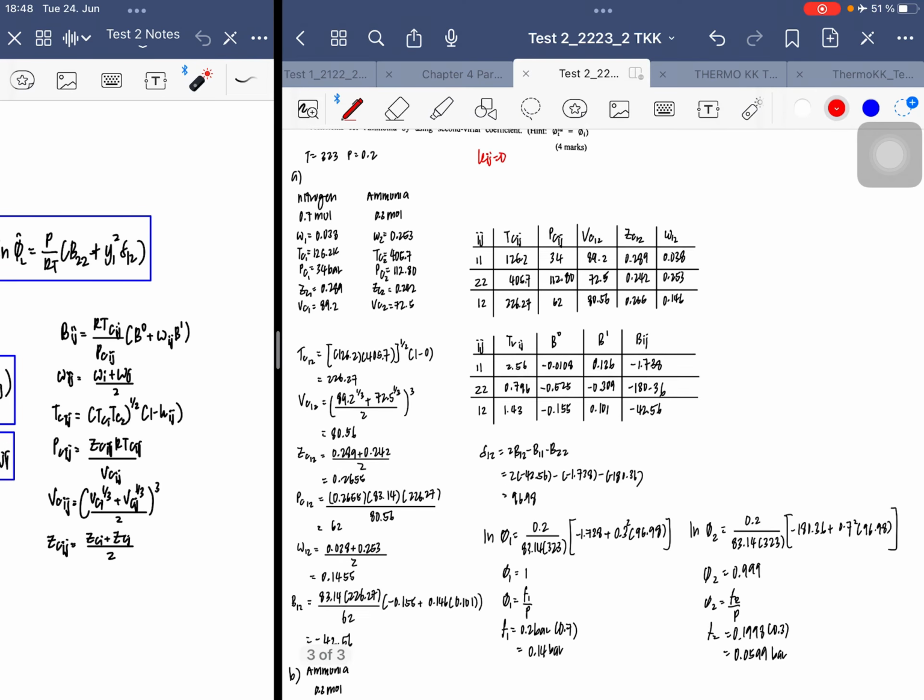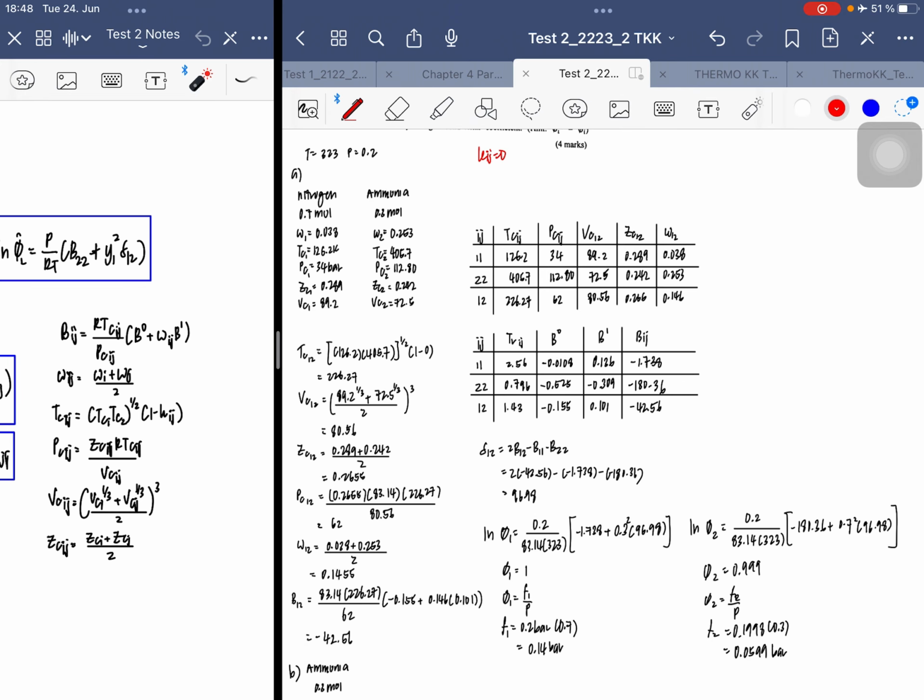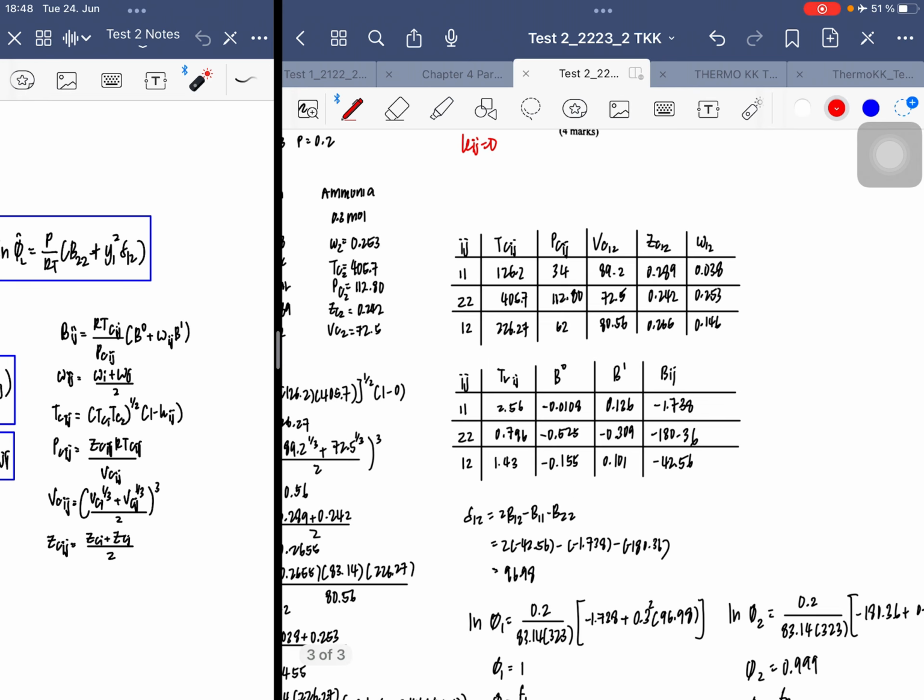So yeah, other than that, it's just a matter of plugging in the formula. TCIJ for 1 1 is just TC1, and TCIJ for 2 2 is TC2, where IJ represents I2 and TCII represents TC11, or TCJJ represents TC22.